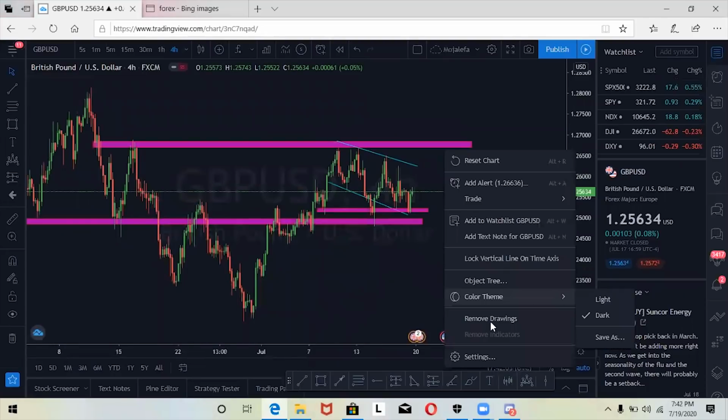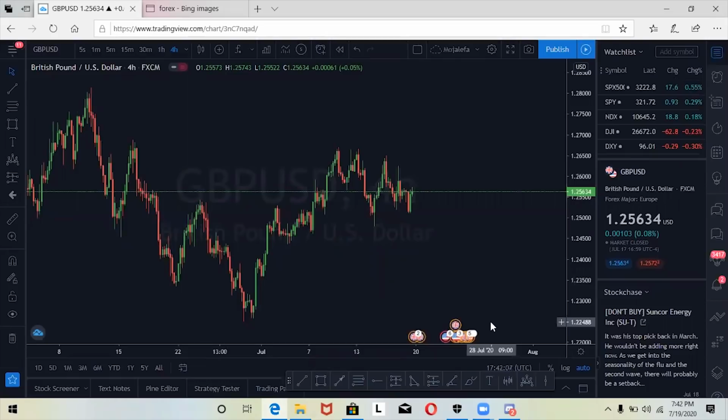Can remove this. Then first of all, here I can already see a bullish butterfly. Is our butterfly.